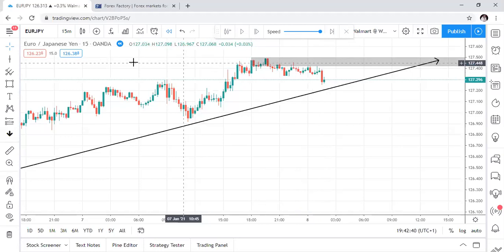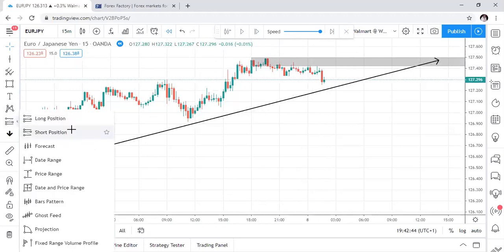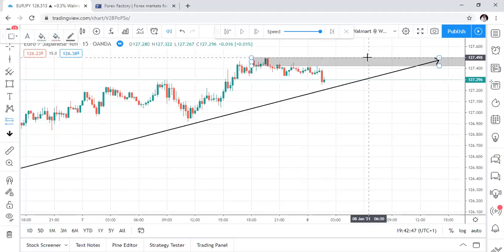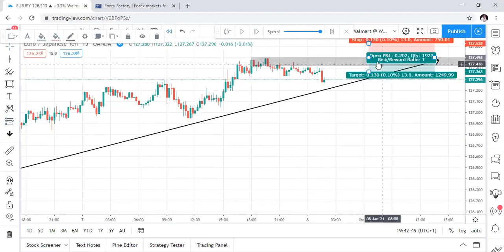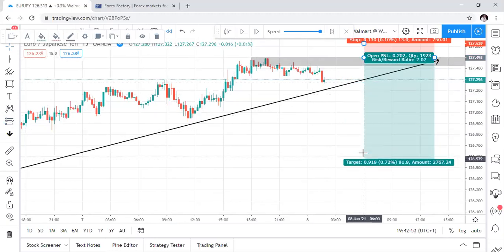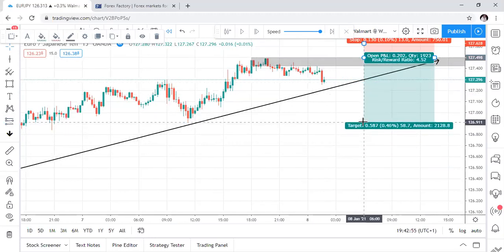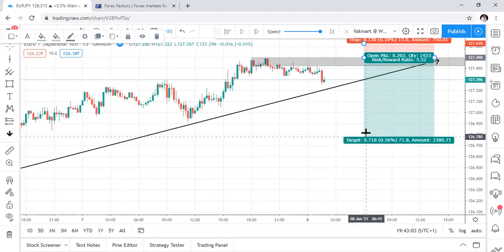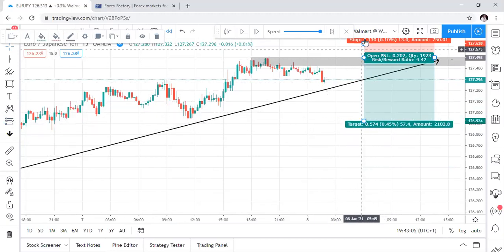So you can imagine what you are putting here in 15 minutes. Here, your take profit will be at the next equal low on higher time frame.